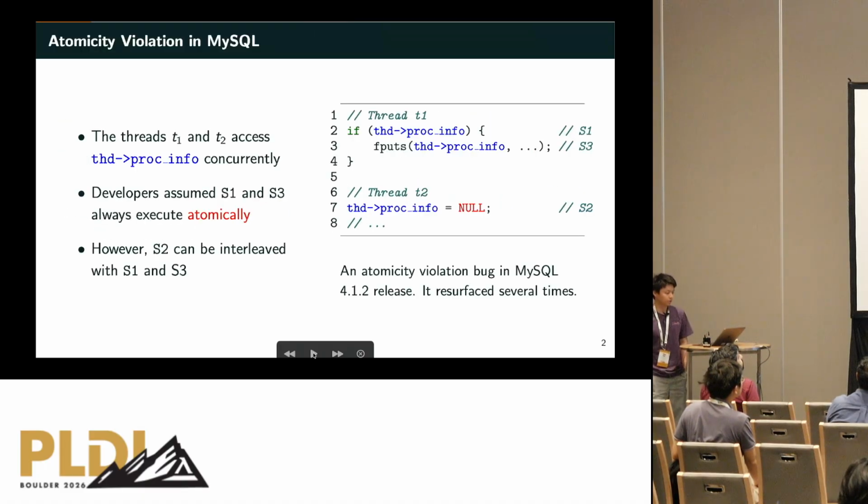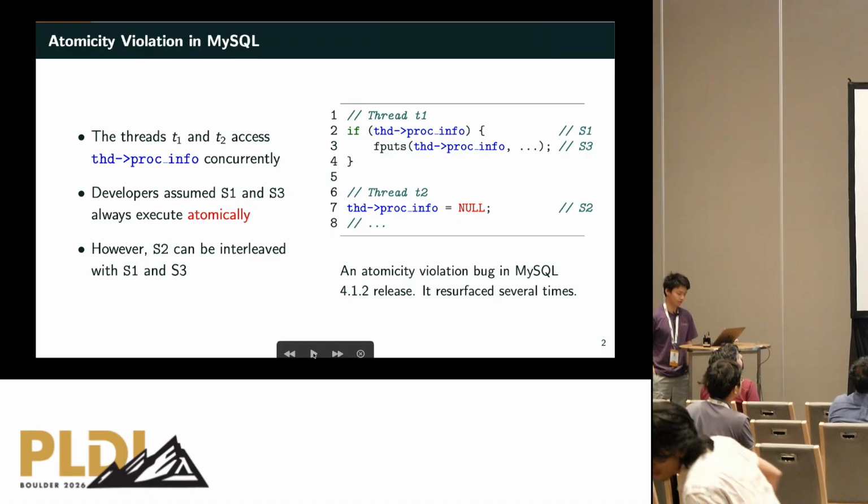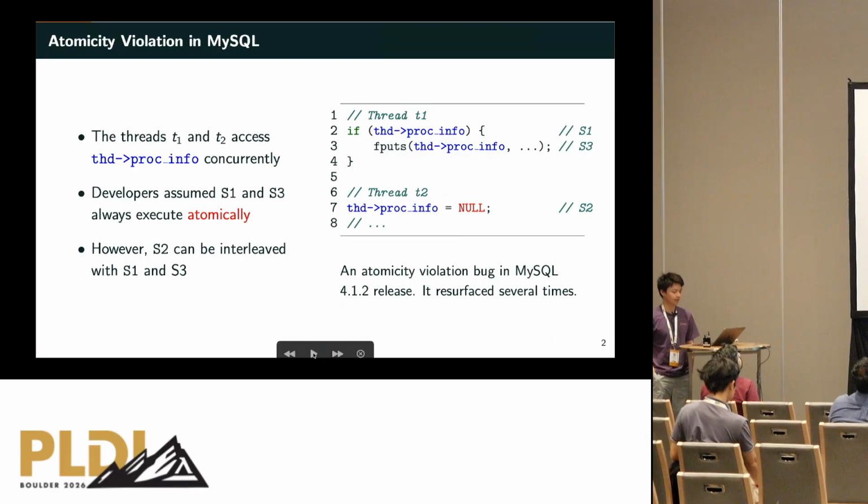Here is a real example of an atomicity violation in MariaDB, and it has resurfaced several times in its history. There are two different threads in this concurrent program, and both try to access the field proc_info.